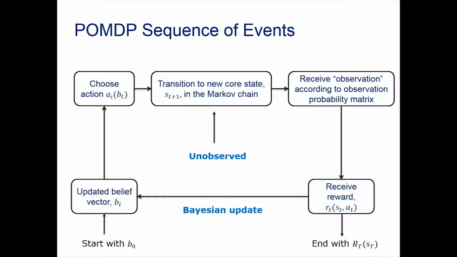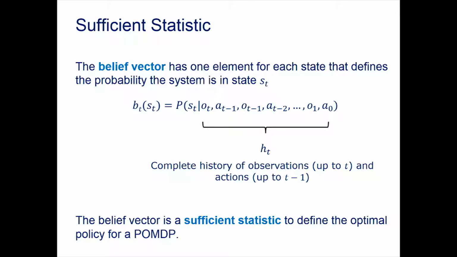And then based on that observation and the prior belief, you do a Bayesian update and end up with a new belief, and so on, continuing until you reach the end of the horizon, if it's a finite horizon problem, with some reward that, just like an MDP, depends only on the final state. Actually, this should be the belief. It could only really depend on the final belief and not the true underlying state. Okay, so that's the basic process for partially observable MDPs.